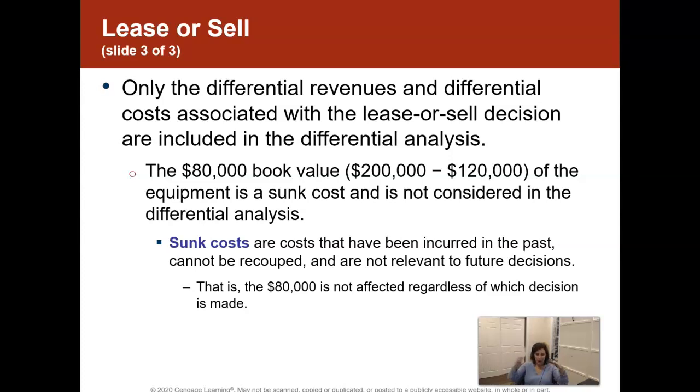I put the car out, put a sign on it, and I got phone calls. Now, I was trying to recover not only what I thought was the fair market value of the vehicle, but I wanted to make sure that I at least recovered the cost of the tires and the brakes that I put on it. And I continued to hold out for that price, which of course never came.